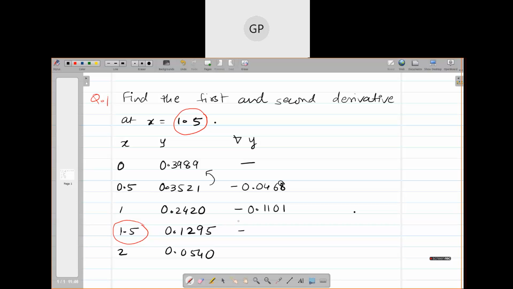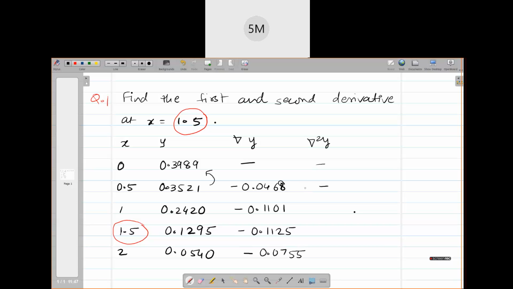Then next is 0.1125 and minus 0.0755. Next is del square y. Are you getting the same answers? Yes, ma'am.